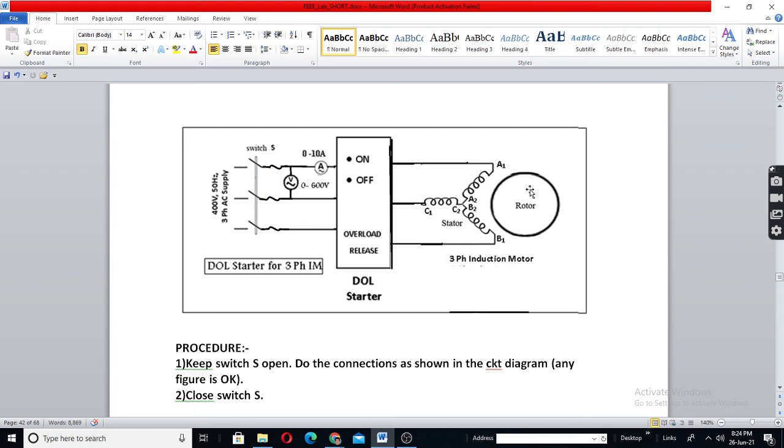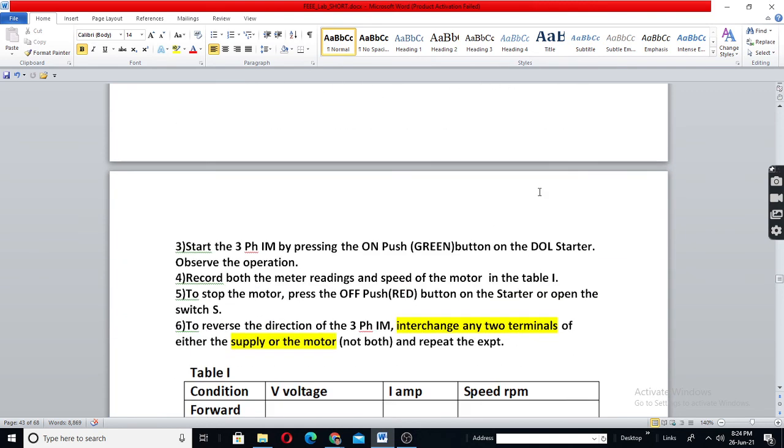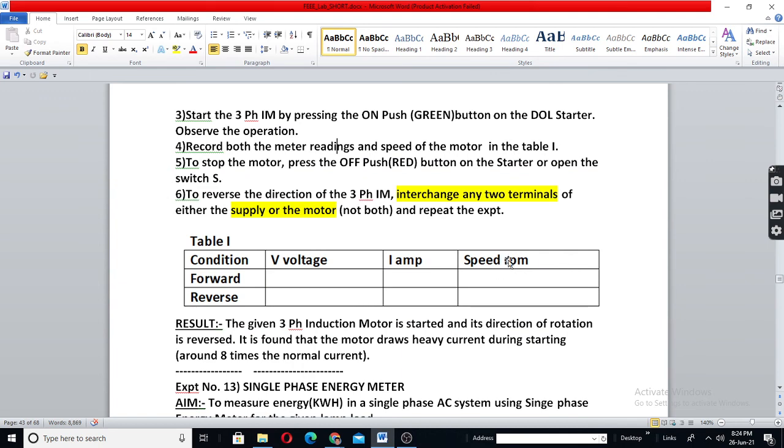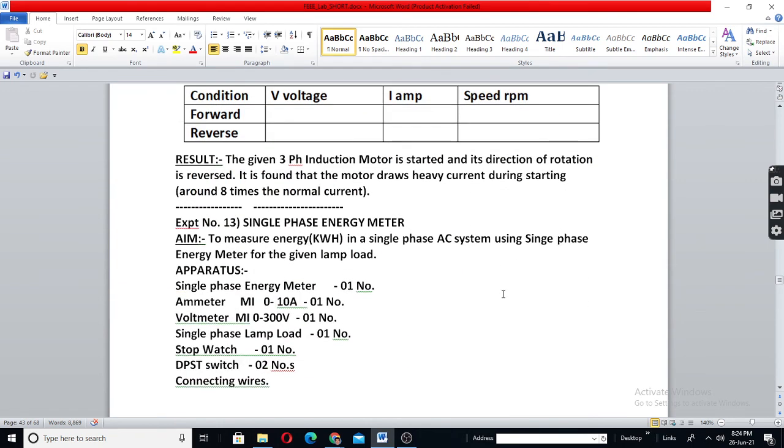So the induction motor will run very close to that speed, 1400 to 1500 RPM. RPM means revolutions per minute. Fine.